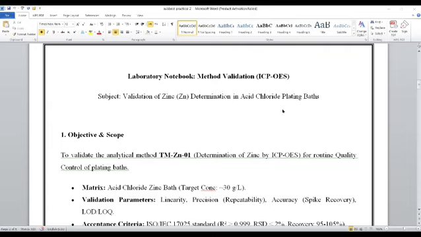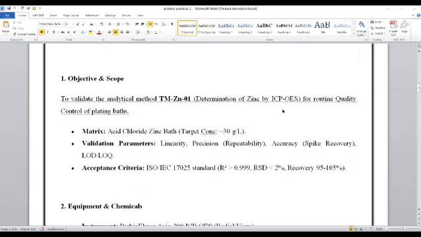Objective and scope. The objective of the study was to validate the method TM Zinc 01, which determines zinc using ICP-OES. The method is intended for routine QC monitoring of plating baths with a target zinc concentration of about 30 grams per liter.